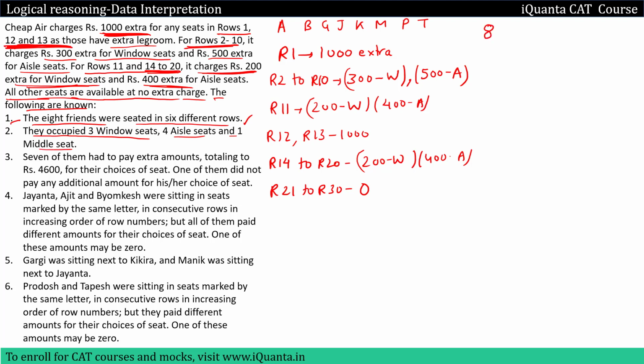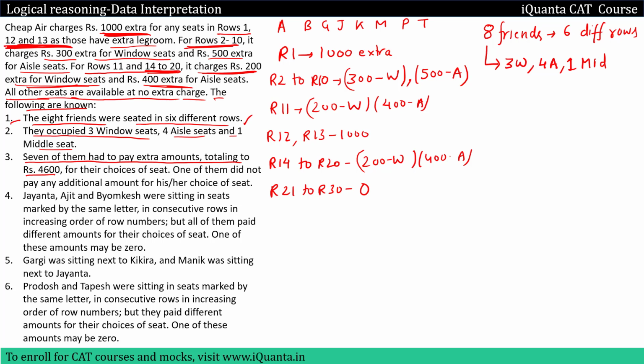We have 8 friends. They must be seated in 6 different rows. They will occupy 3 window, 4 aisle and 1 middle seat. After that, 7 of them had to pay extra amounts totaling to 4600.